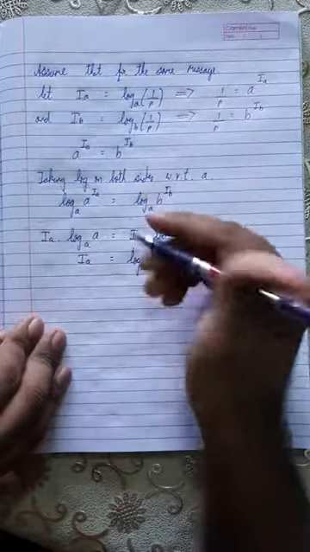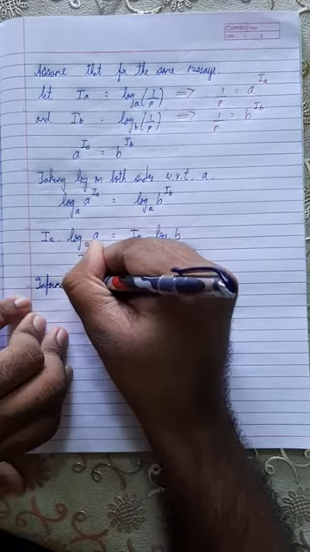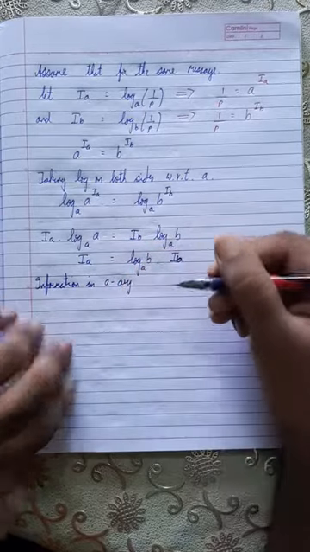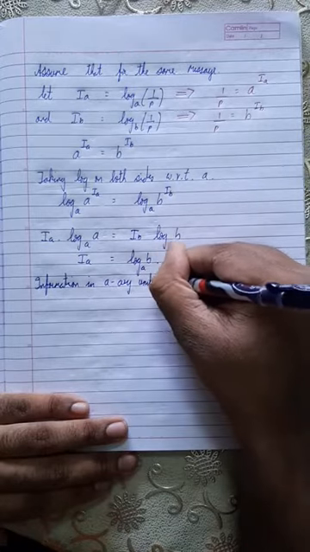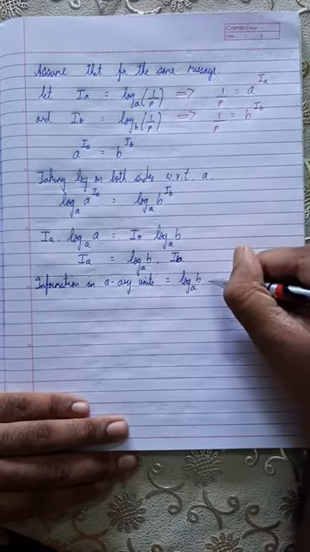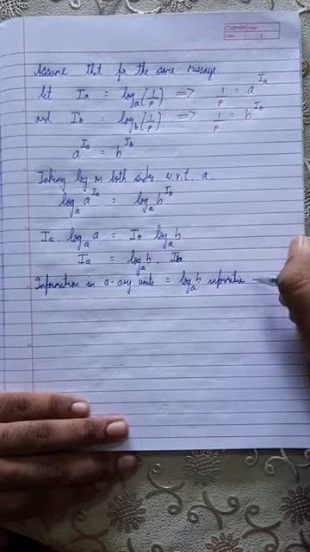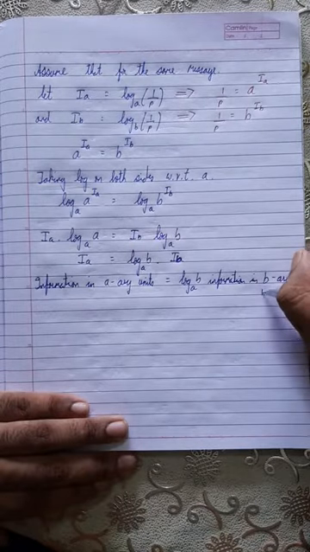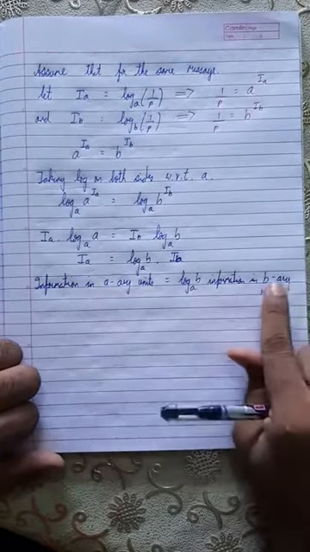In other words, information in A-ary units is equal to log b to the base a into information in B-ary units. I don't know the values of A and B, that's why I'm saying A-ary units and B-ary units.